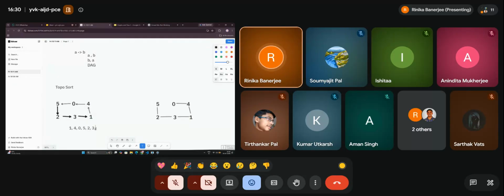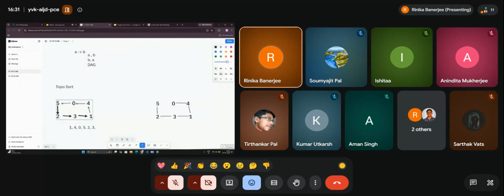So basically, if I'm writing a topological sequence of this graph, here 1 comes before 3, obviously, because from 1 we can move to 3, right? So there is an edge going from 1 and then it reaches 3. So therefore 1 must come before 3.